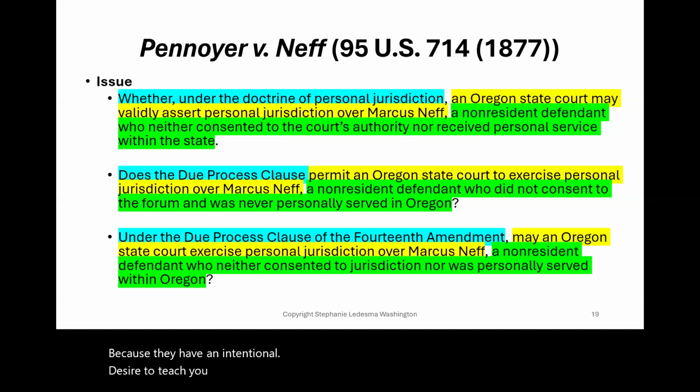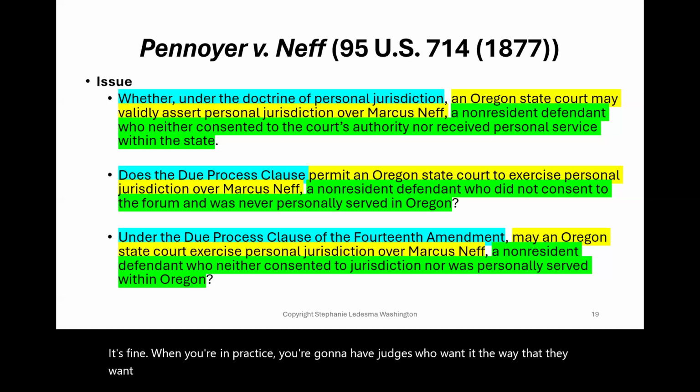And so they're going to ask you with intention to do certain things certain ways. Get over it. It's fine. When you're in practice, you're going to have judges who want it the way that they want it, which is going to be different than the other ones.